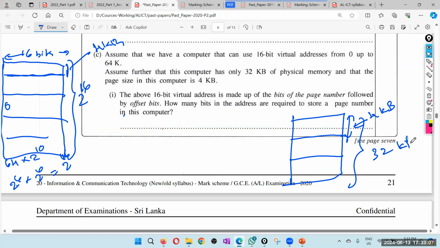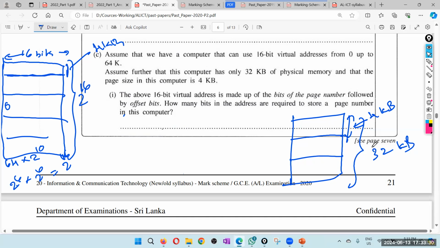So that means how many frames are in the physical memory? 32 divided by 4. That is 8. To make it simple, the examiner has made it very small. So usually your memory is not 32 kilobyte, right? Your memory is about 8 GB, 16 GB these days.